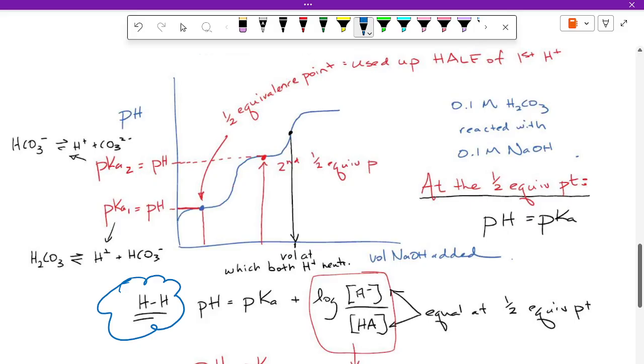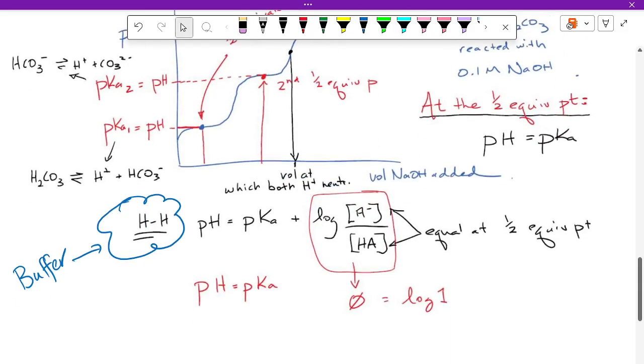Because we have a buffer at the half equivalence point. None of this is on the test on Monday because this is AP Extras.